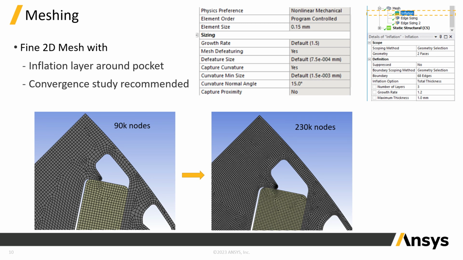It has about 90,000 nodes, and after a couple of iterations, we find the mesh on the right, which has about 230,000 nodes and gives us stress results with less than 5% difference compared to the previous mesh iterations. The stress results around the magnet pocket are sensitive to the mesh setting, so we strongly recommend doing this type of refinement study. We also recommend using inflation layer settings around the pocket to capture the stress accurately, as we showed in the settings here.